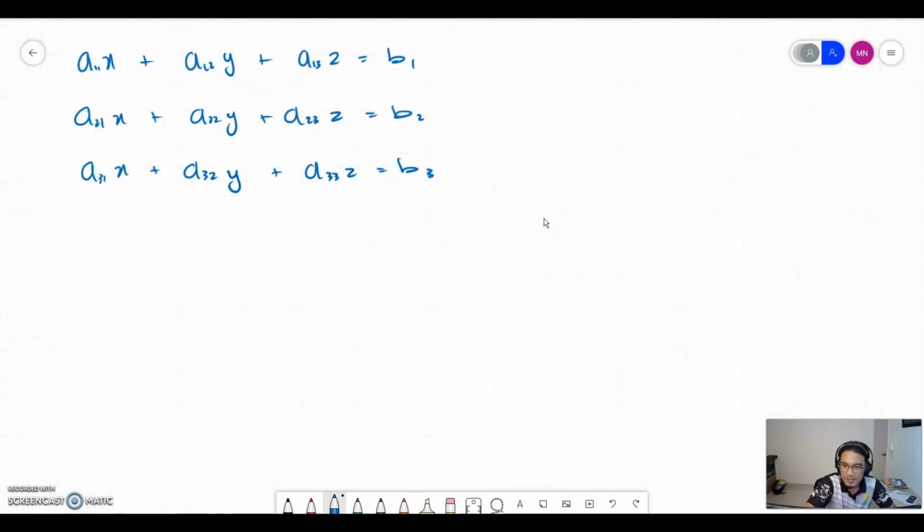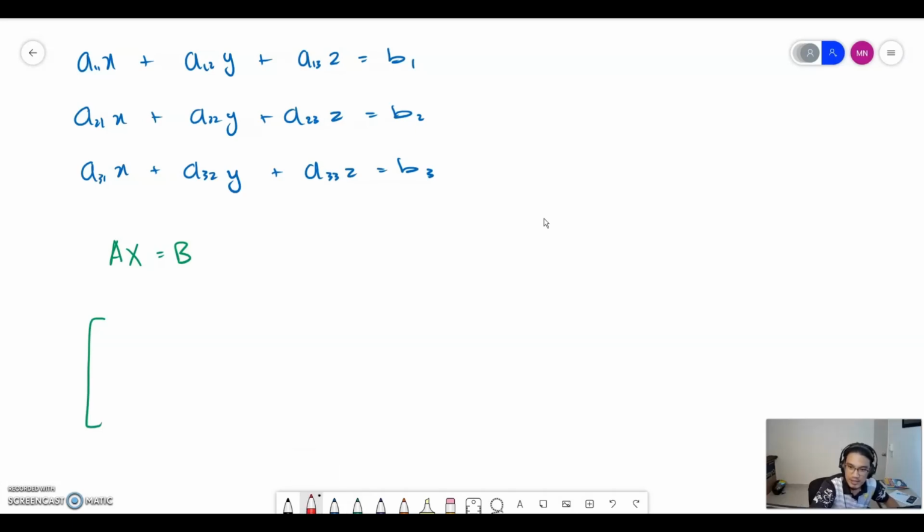Okay, so firstly what we need to do is to change these linear equations into the form of a matrix. The matrix form is given by the equation AX equal to B. Then we have to determine which component will become matrix A, which will become matrix X, and which will become matrix B. For matrix A, the components will be the coefficients from the linear equations.